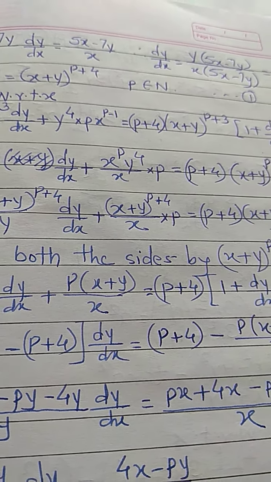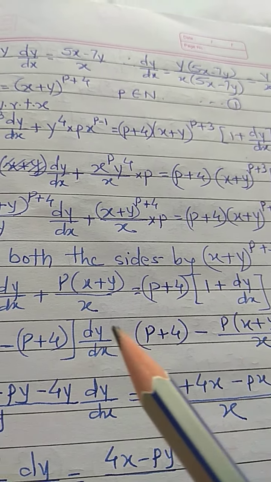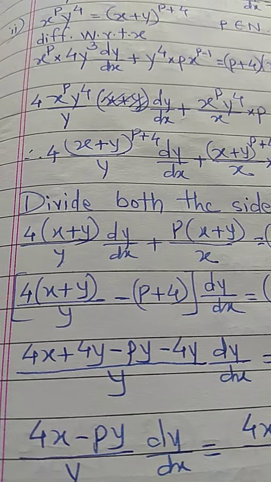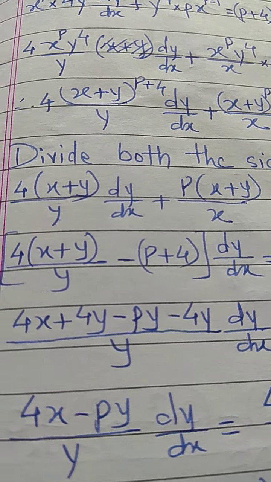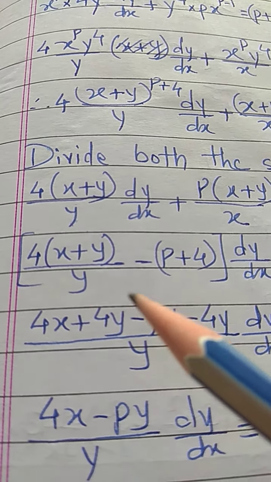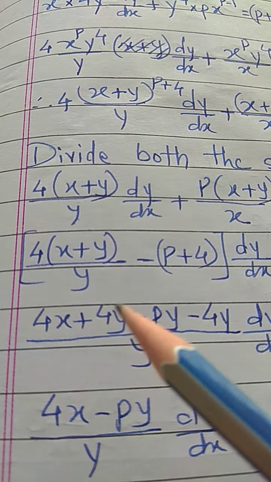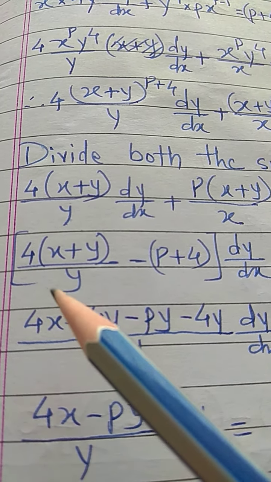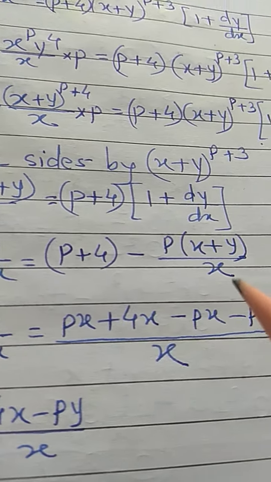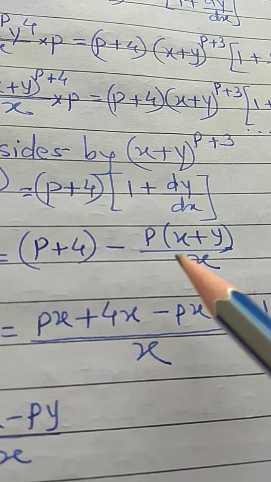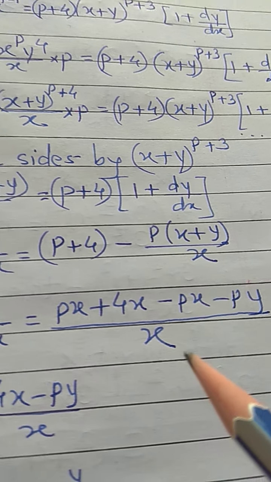This term will go to the right side, and will become minus p times x plus y upon x. By cross multiplication, we can have here 4x plus 4y minus py minus 4y upon y ones are y. Here it will be px plus 4x minus px minus py upon x.